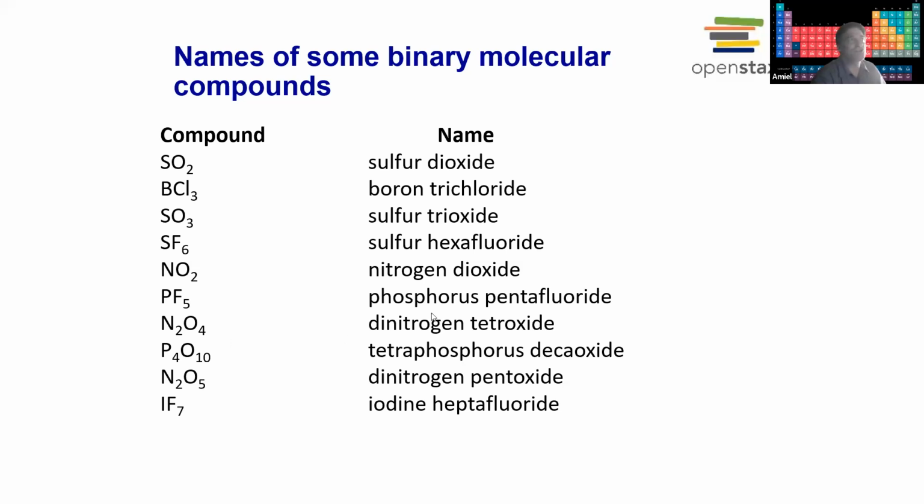So I think fairly straightforward. In molecular compounds, you use the prefixes to tell how many there are. And again, with the IDE ending, and the first element stays the same. Sulfur, boron, nitrogen, and so forth.